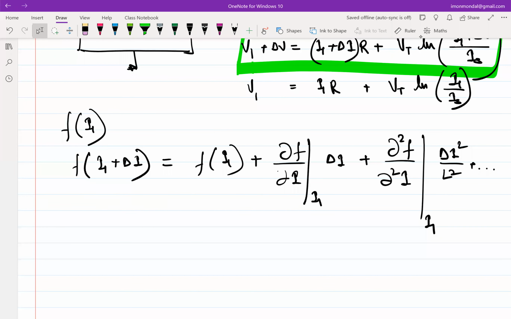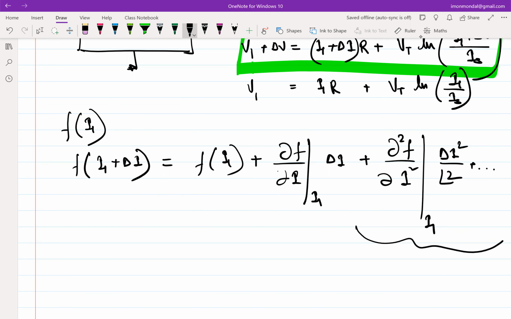So now again we'll make an approximation. If I say that this stuff here, whatever is the extra stuff other than the del I, is much less than the stuff that precedes it, right?